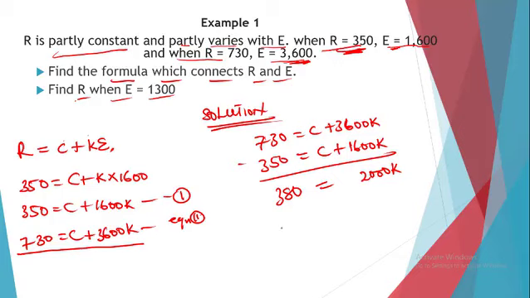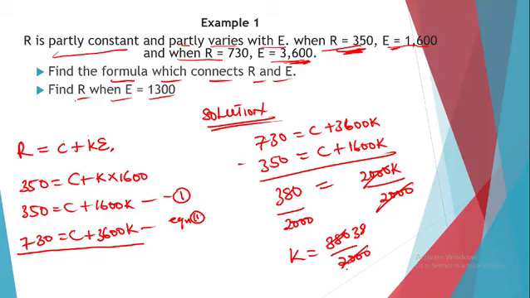Making K the subject of the formula, we divide through by 2000, where this will cancel this. So K is equal to 380 all over 2000. Let's break it down. 380 divided by 10 will give us 38, and 2000 divided by 10 will give us 200.